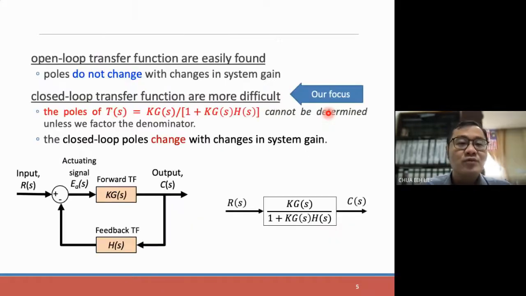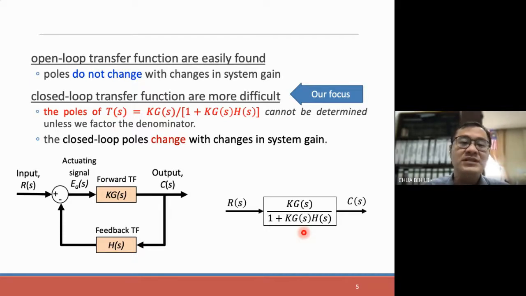Just make sure you understand that when I mention the poles or the roots, they refer to the same thing. The poles refer to the denominator polynomial, maybe second order or third order, so there are roots that make it become zero.